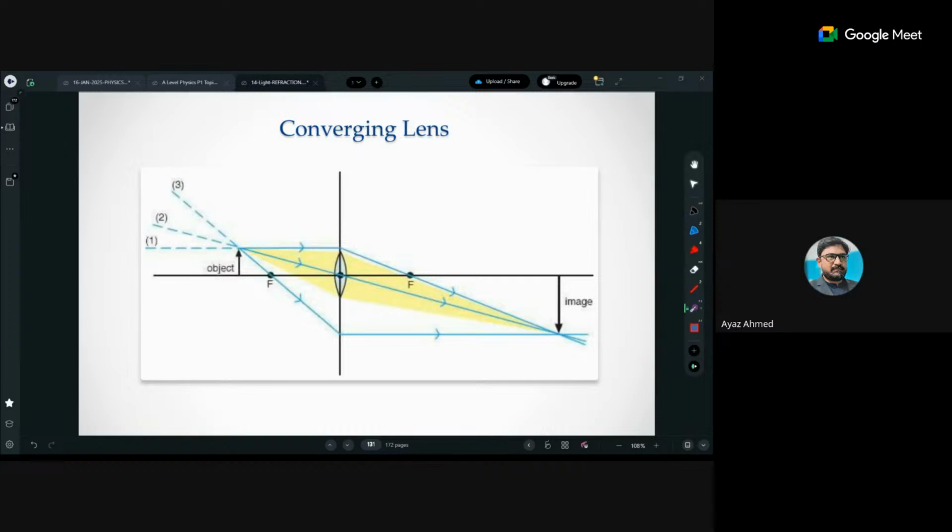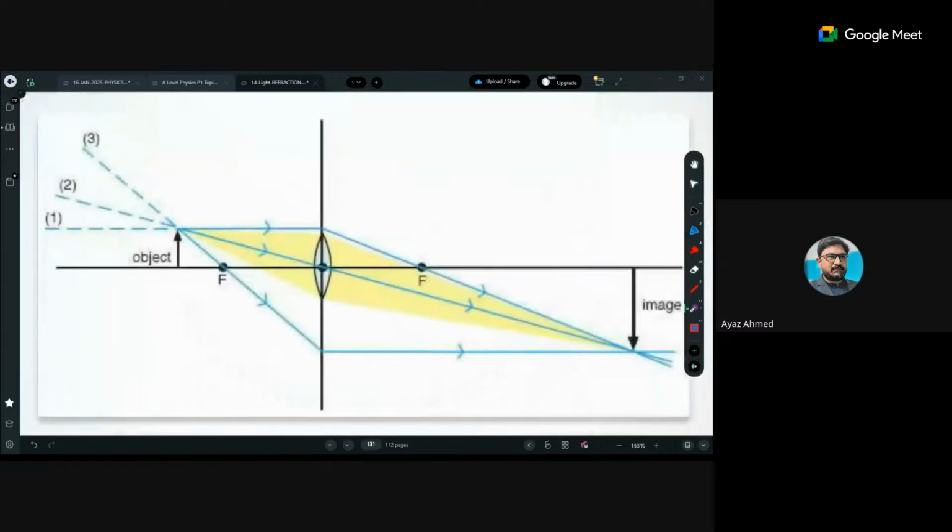Okay, अब देखो situation क्या है? I will redraw this diagram for you. This is the object. This is the tail of the object, which is placed on principal axis, and this is the head of the object, which is considered to be the light source.